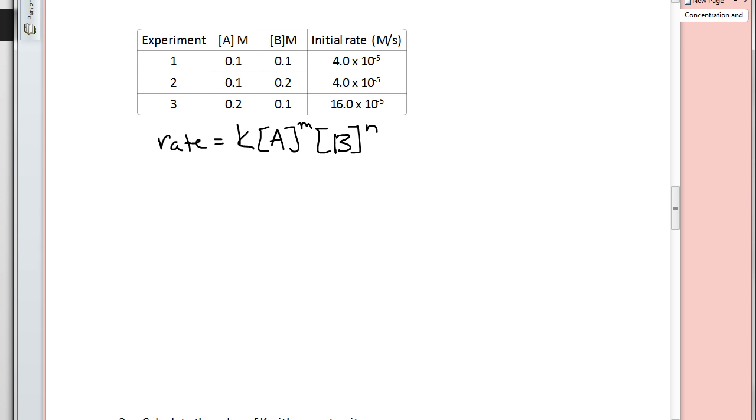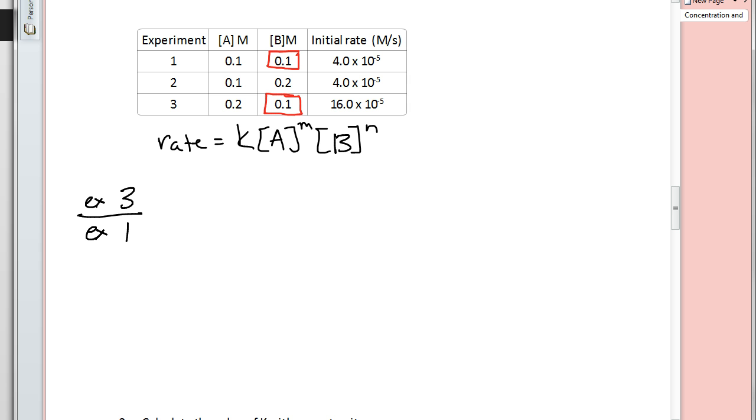So what I'm going to do is choose a couple experiments where B is held constant. B is held constant here. B is held constant there. So I'm going to use experiment 3 and experiment 1. I'm going to put experiment 3 on top, and I'm going to divide it by experiment 1. Why do I do that? Well, I do it for a couple of reasons.